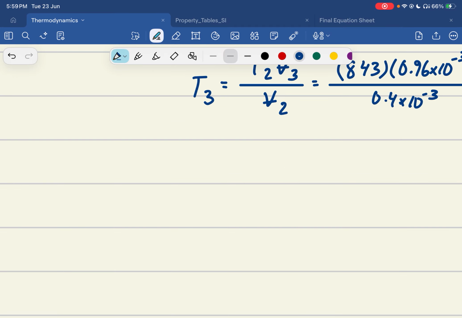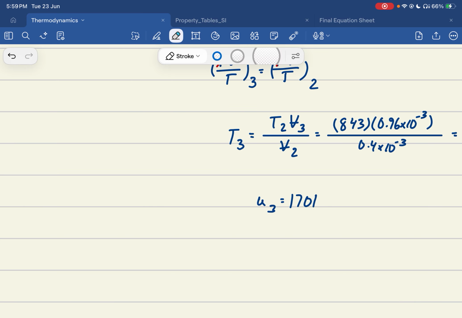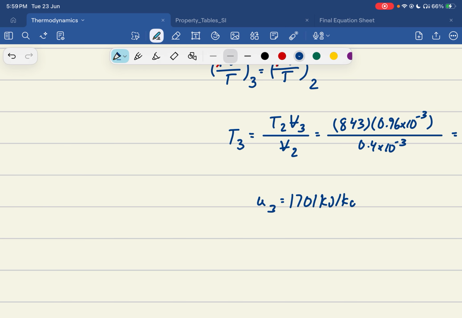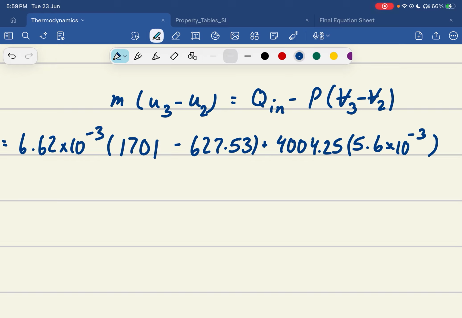Okay, so we get our U3 value equals 1701.0184 kilojoules per kilogram, or let's just say 1701. And then we have here this minus 67.53 times.